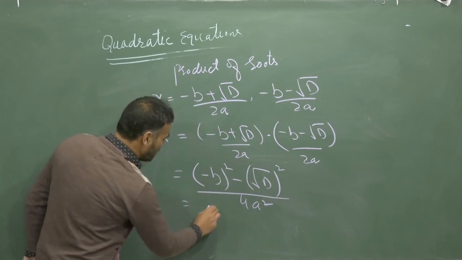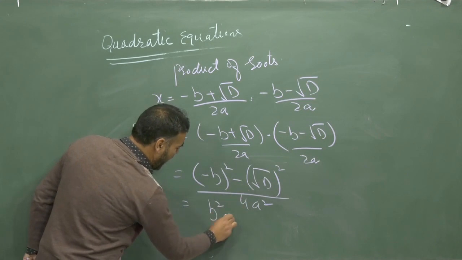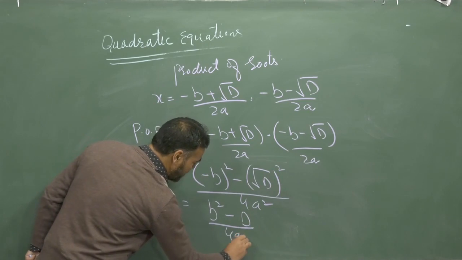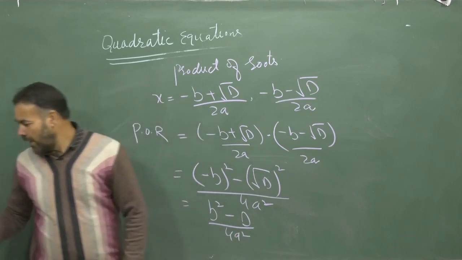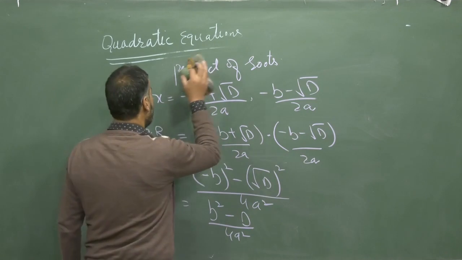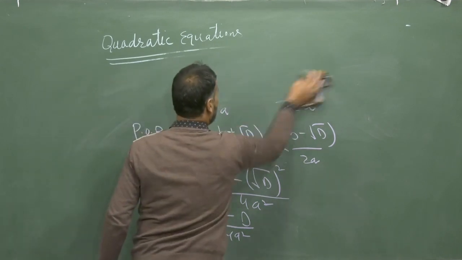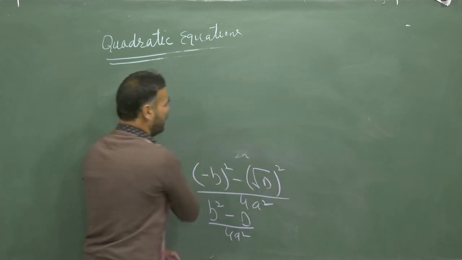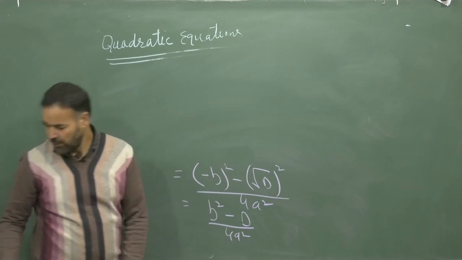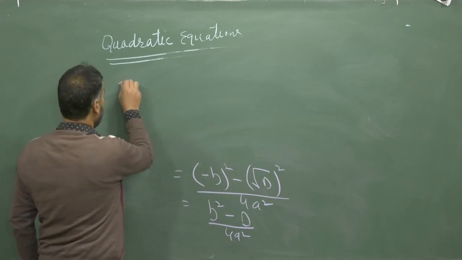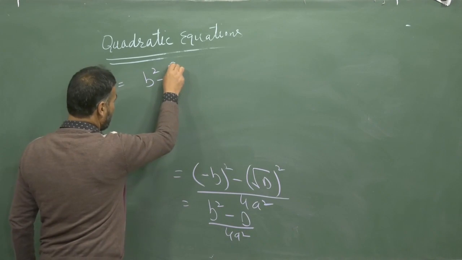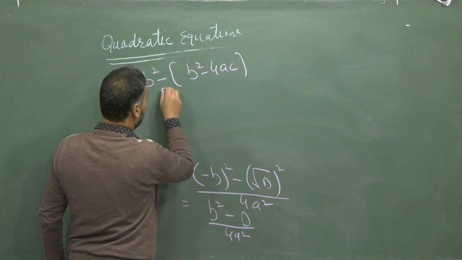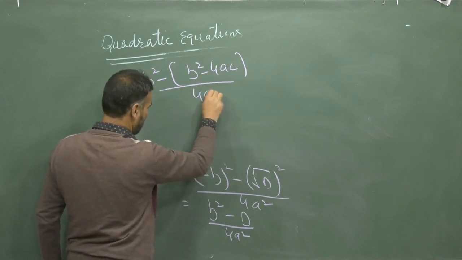Negative square is positive b square minus square, and root will get cancelled, so it is d divided by 4a square. Now we have to put the value of d as b square minus 4ac, because discriminant is always equal to b square minus 4ac. So we can write b square minus 4ac divided by 4a square.